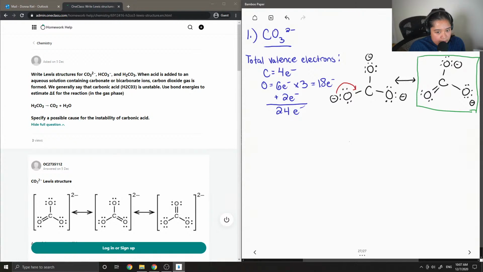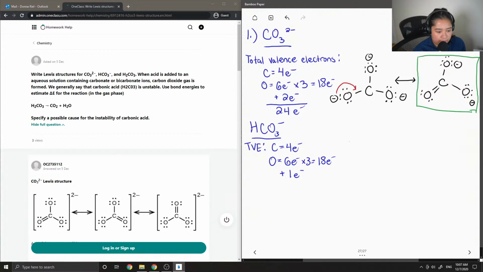So now let's do the same thing for the bicarbonate ion, HCO3 minus. Let's find its total valence electrons. Carbon is 4. Oxygen, 6 times 3, which is 18. This ion only has a -1 charge, so I'm going to add 1 electron.